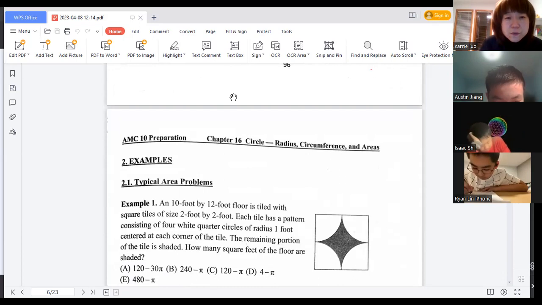feet floor is tiled with a square tile of 2 foot by 2 foot. Each tile has a pattern consisting of 4 white quarter circles of a radius of 1 foot centered at each corner of the tile. The remaining portion of the tile is shaded. How many square feet of the floor are shaded?